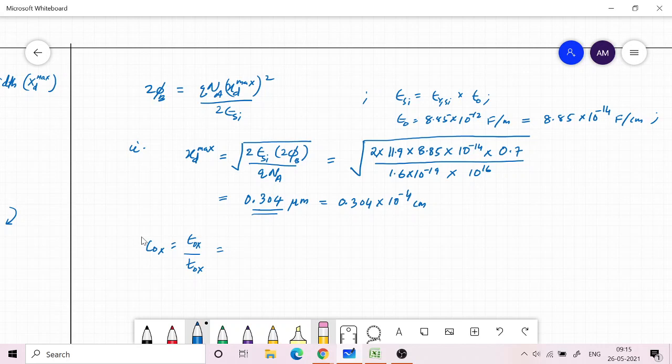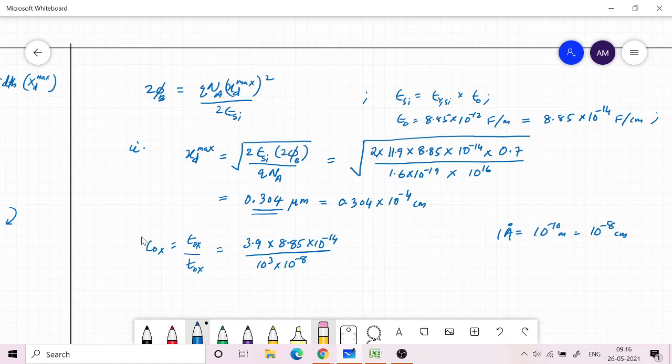So that is going to be equal to epsilon ox, which is epsilon ox R, 3.9, into epsilon 0, which is again 8.85 into 10 raised to minus 14 farad per centimeter, divided by Tox, given as 1000 Angstrom. 1 Angstrom is 10 raised to minus 10 meter, or in centimeter it is 10 raised to minus 8 centimeter. So 1000 means 10 raised to 3 into 10 raised to minus 8.